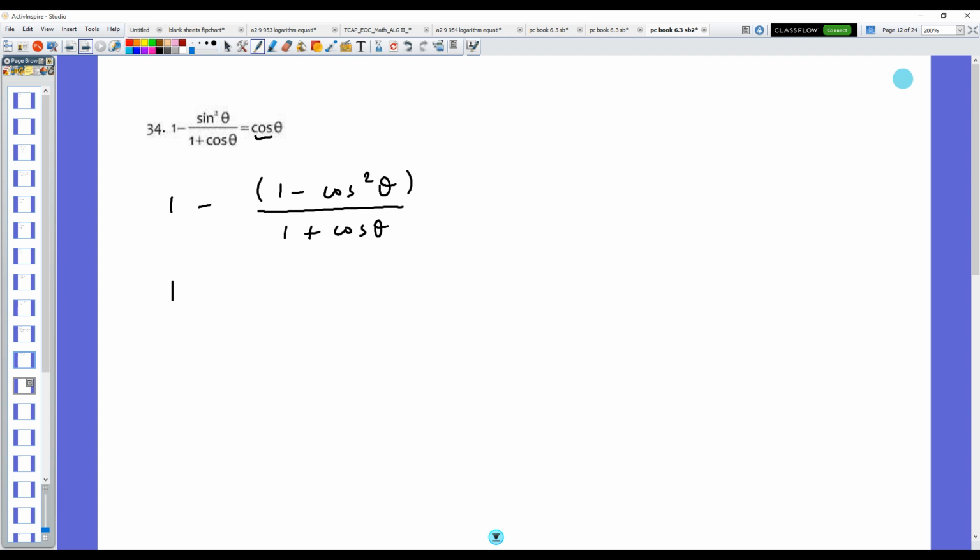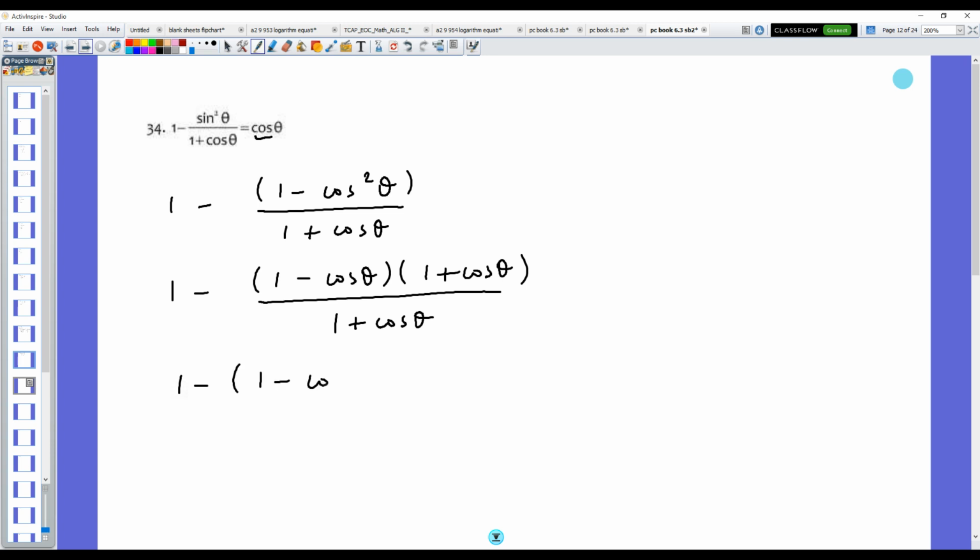I can factor that into the groups 1 minus cosine and 1 plus cosine. The 1 plus cosines cancel, so I have 1 minus the grouping, 1 minus cosine. Get rid of my grouping symbols. Allows the 1s to cancel. And that was my target.